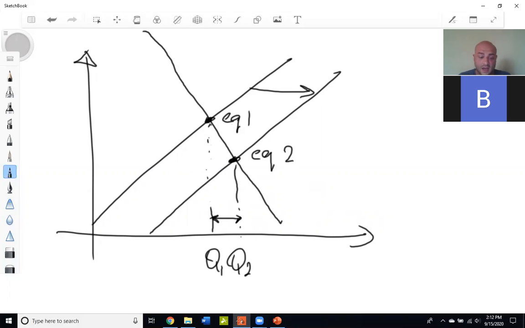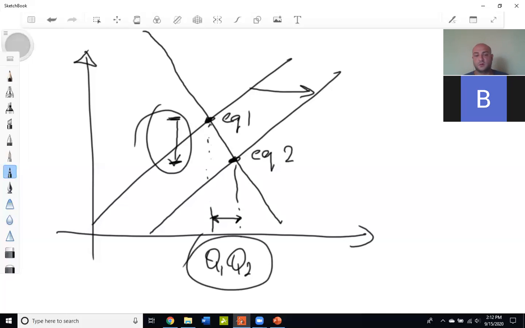But then our prices went down from this point to this point. Our prices went down from here to here. This change is bigger compared to this change. Therefore, our total revenues crashed.